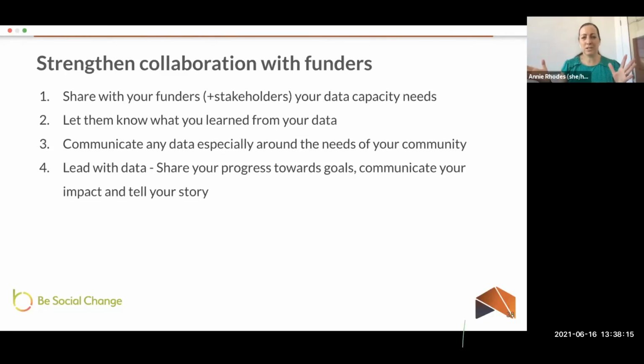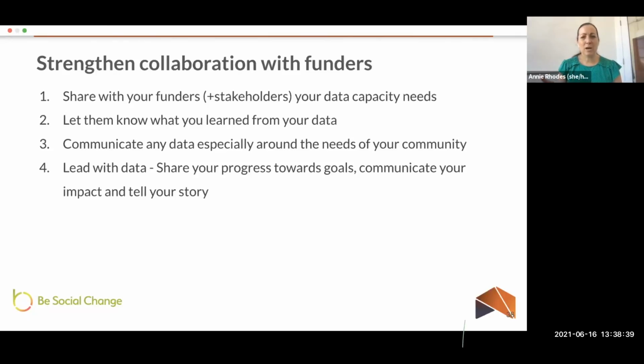And I'm putting your funders in a big bucket. They could be private funders, corporate funders, government funders. It's important for them today to understand what your data capacity needs are, as I've shared with you earlier. Let them know what you learned from your data.